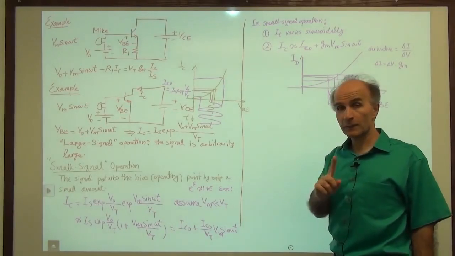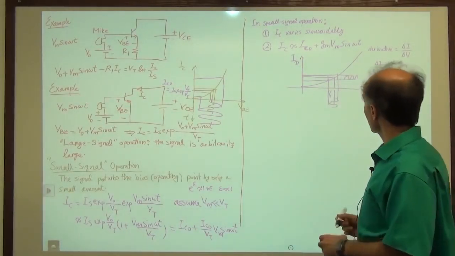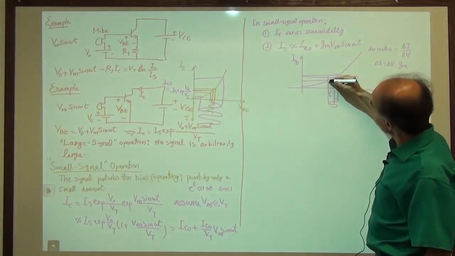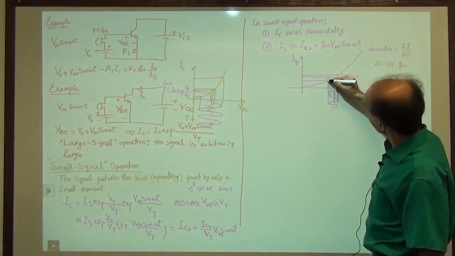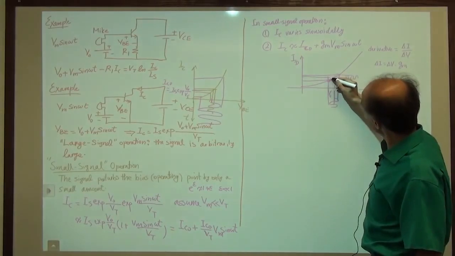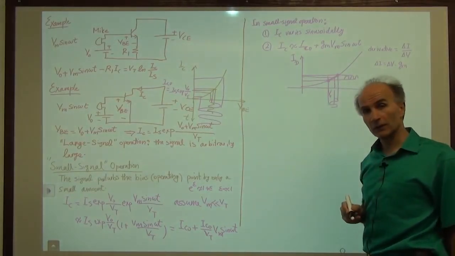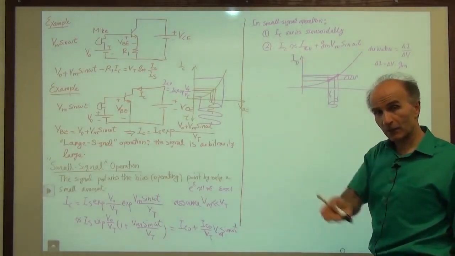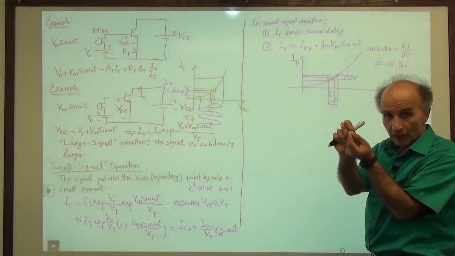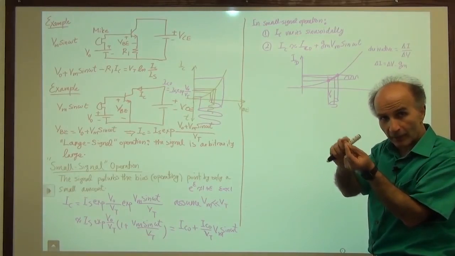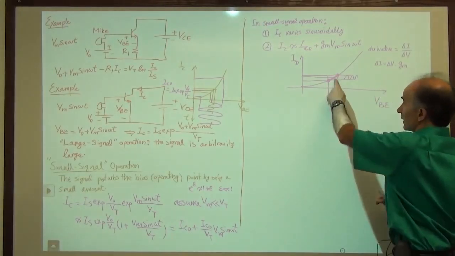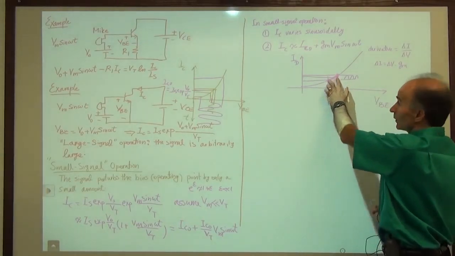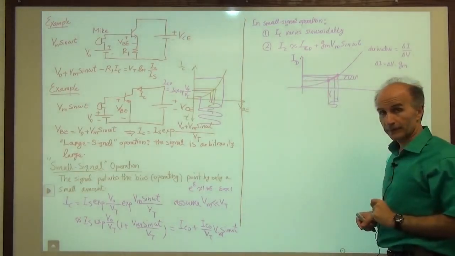And yet one more perspective before we finish. Another perspective would be that in a sense I'm assuming that the curve from here to here is a straight line, not an exponential. So if we take an exponential and pick two points that are very close to each other, we can approximate that by a straight line. So if this is a straight line and we give a sinusoidal function to that straight line function, we also get a sinusoidal function at the output.